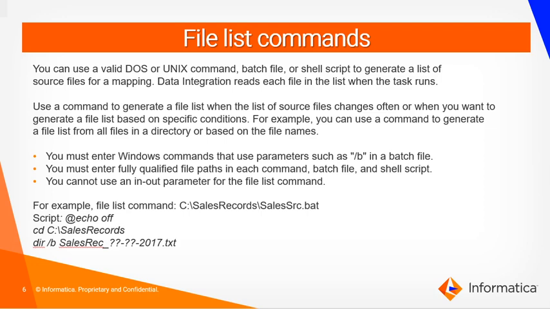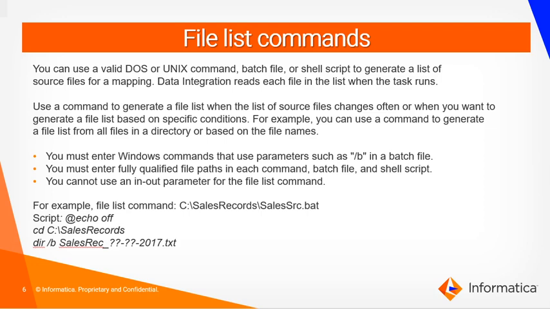A few pointers to be noted here are: you must enter Windows commands that use parameters such as /b in the batch file. You must enter a fully qualified file path in each command, batch file, and shell script. You cannot use an input parameter for the file list command.